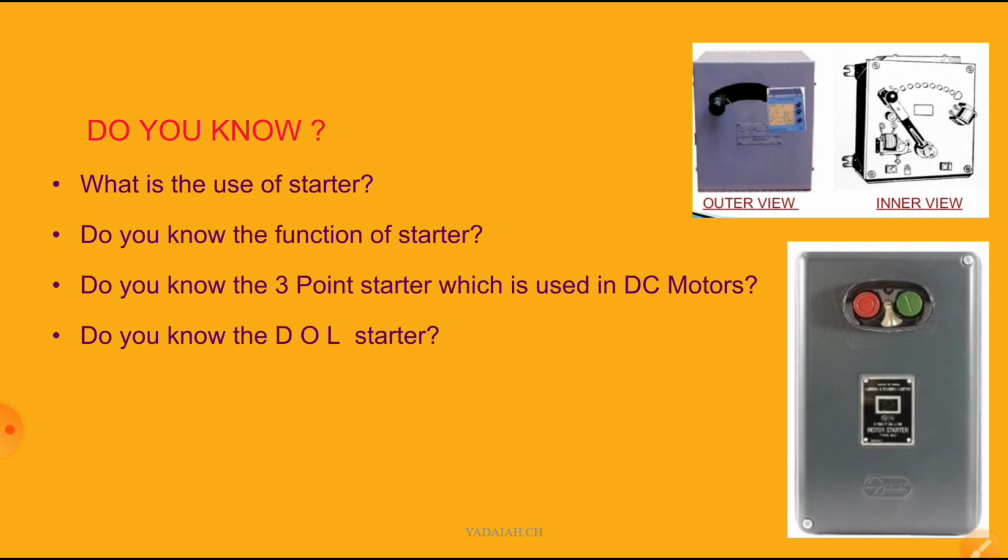Red is the off switch and green is the on switch. Okay, so this is the DOL starter, direct on line starter. That means it is connected directly on line, but it does not control any voltage or any current. Why? We will see later. What is the DOL starter first of all?